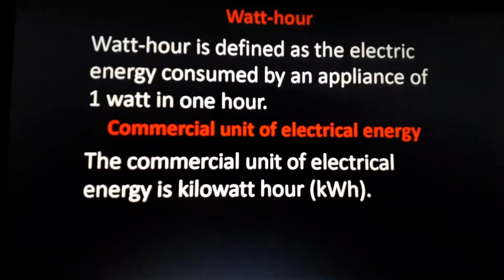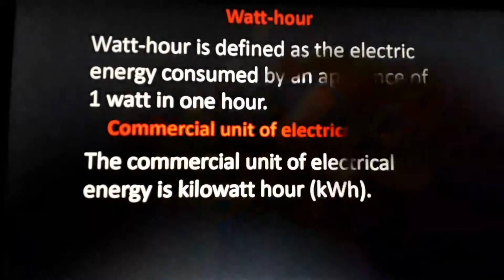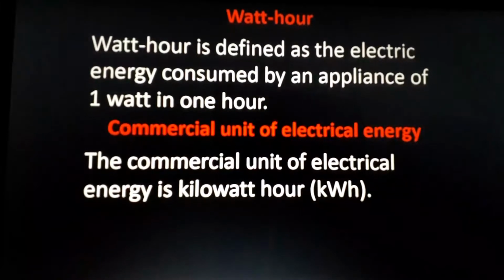Let's see another thing, watt hour. So what is watt hour? Hour means 1 hour, you already know that. Watt hour is defined as the electrical energy consumed by an appliance for 1 hour. Just imagine an electrical appliance's total power is 1 watt and it is used for 1 hour.